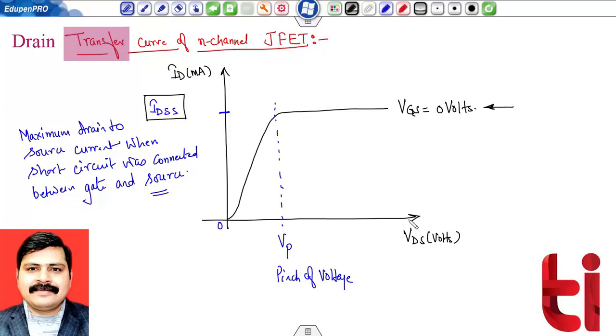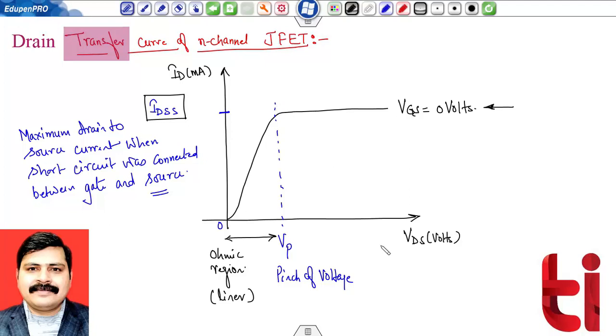So in this discussion, we have seen that the value of VGS is 0, and this particular region from 0 to VP is termed my ohmic region. In some literature, it is also known as the linear region. As you can see, when we change the voltage, the corresponding increment in current will also take place.